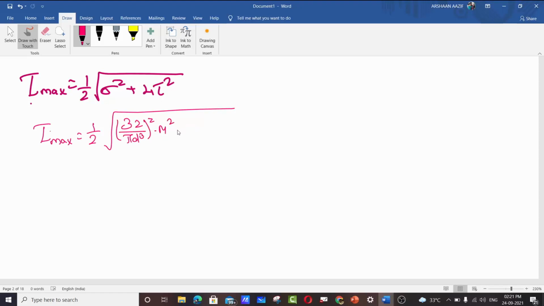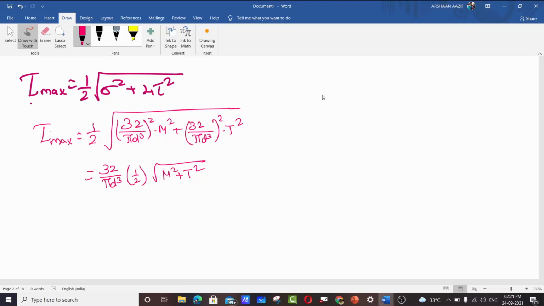I have separated it because we have just seen how to do it, plus this will be 32 by pi d cube the whole square into t square. Now taking this 32 out, this will be 32 by pi d cube into 1 by 2 into root of m square plus t square.